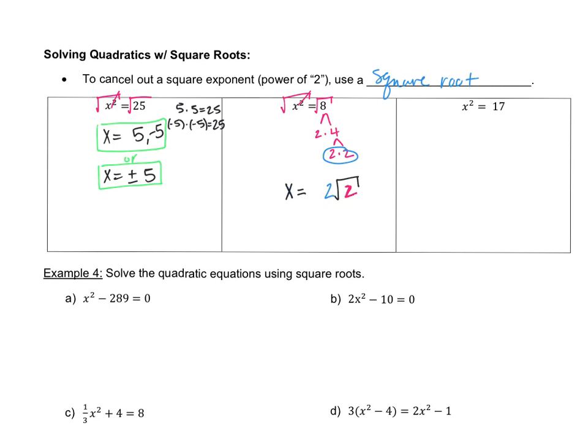Now don't forget, we do need a plus and minus in front of our square root, because anytime you take a square root, there's always a positive number and there's always going to be a negative number. So I'm going to put the plus and minus there. And that there is our answer, because I can't break down the square root of 2 anymore. The only thing that comes out of a square root of 2 is 2 and 1 if I were to factor, which isn't a pair, so I can't bring that out.